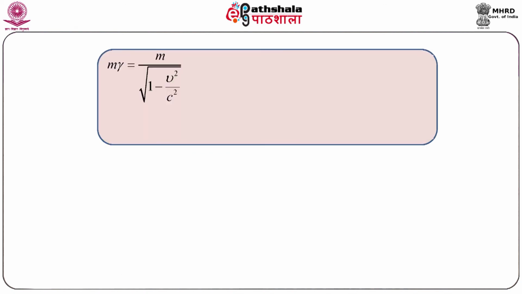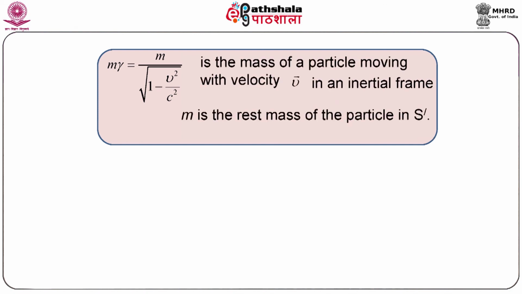M into gamma is equal to m divided by square root of 1 minus v square by c square. Here we have just substituted the value of gamma and obtained this. m is the mass of the particle moving with velocity v vector in an inertial frame.